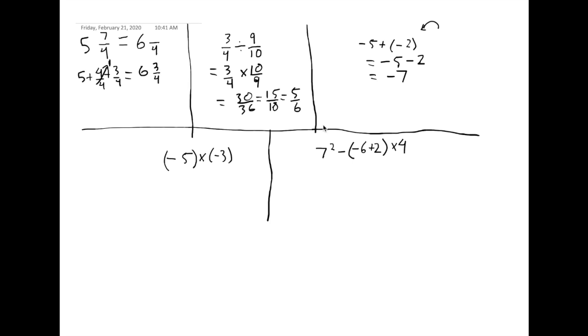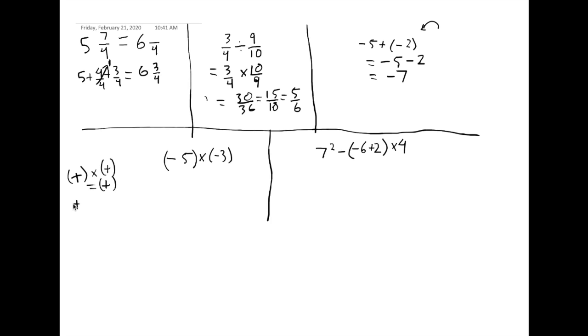Moving on to number 4 here. So we see that this is a multiplication question, again covering what we said earlier. A positive times a positive is equal to a positive, as we know.